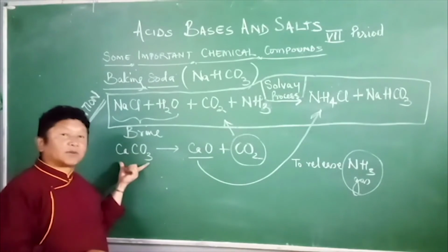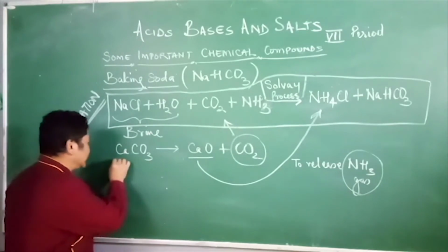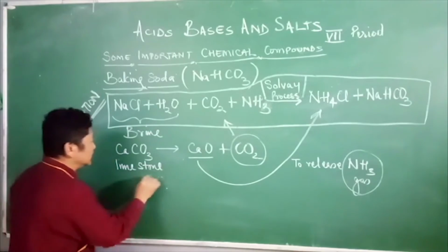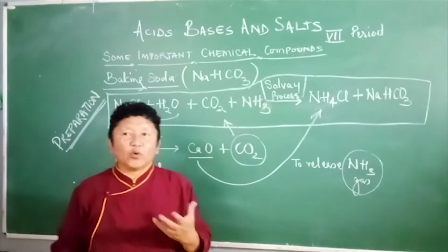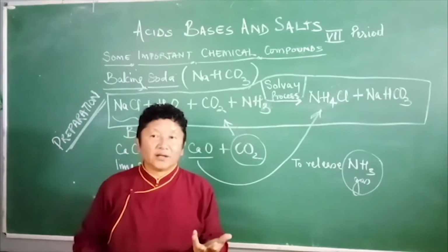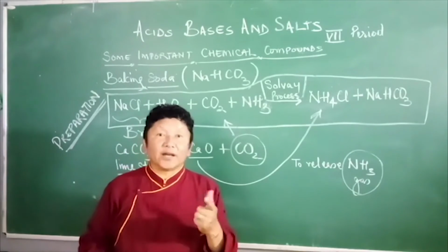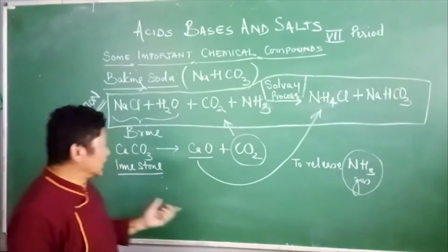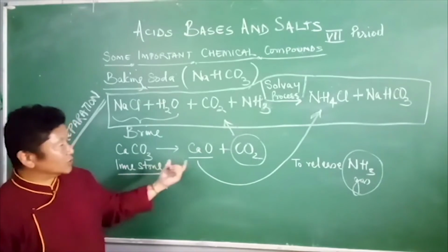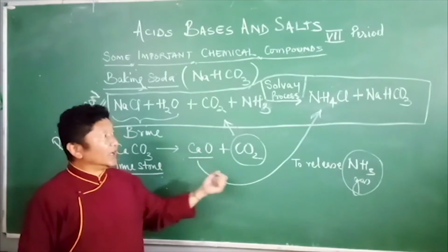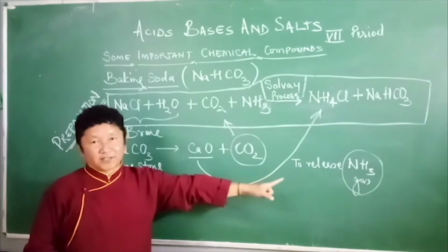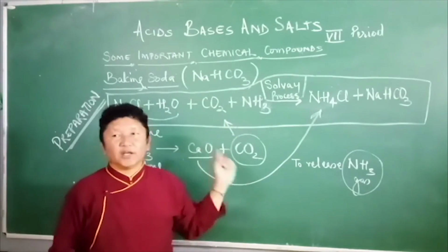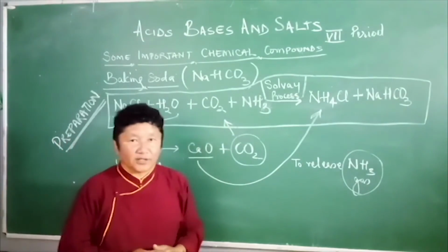The Solvay process also needs calcium carbonate, limestone, which gives lime water. Slaked lime is calcium hydroxide, quick lime is calcium oxide, and limestone is calcium carbonate. Calcium oxide helps regenerate ammonia gas from ammonium chloride, and calcium carbonate is the source of carbon dioxide in the Solvay process.